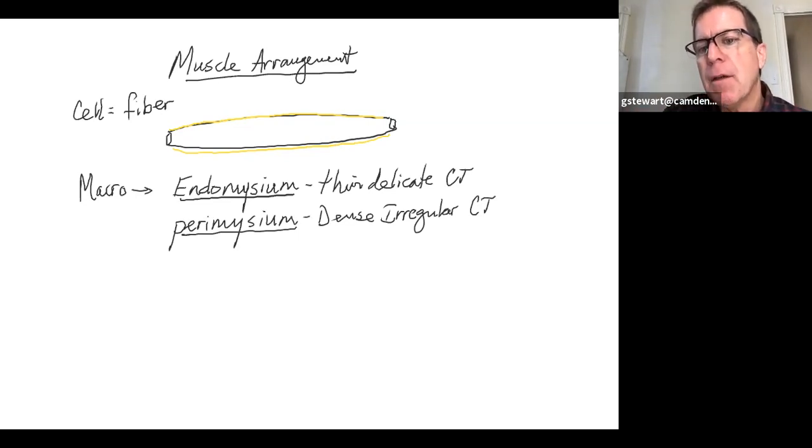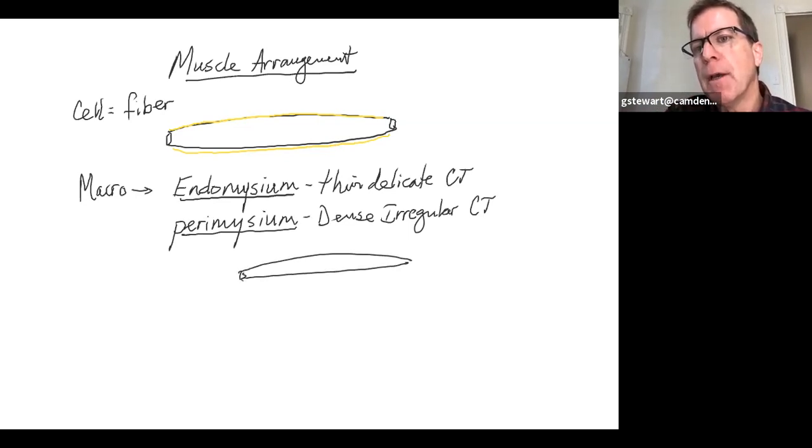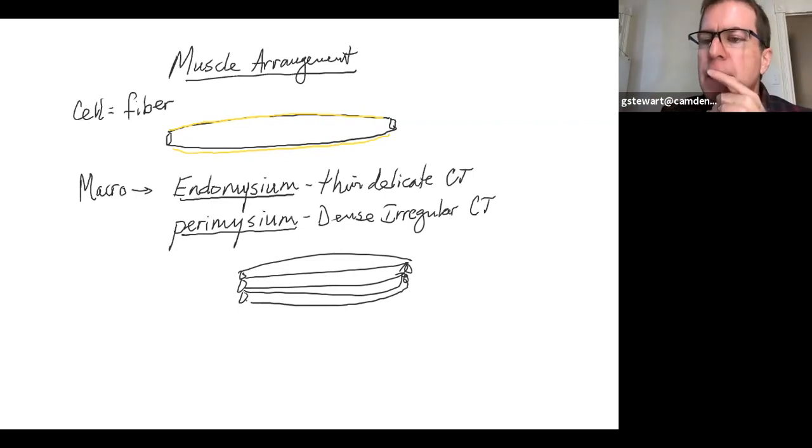And what this stuff does is it bundles together a whole bunch of individual cells. So I'm going to quickly make a bundle of individual cells. Each one of those individuals has already been wrapped in endomysium. Now we wrap that bundle in a thicker connective tissue covering like this, and we call that perimysium.